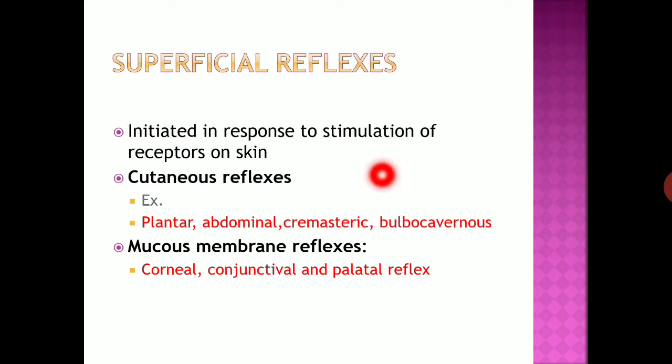Superficial reflex is initiated in response to stimulation of receptor on skin. Example is cutaneous reflex. For example, plantar reflexes, abdominal reflexes, cremasteric reflexes, and bulbocavernous reflexes. So they are cutaneous reflexes. And mucous membrane reflexes are corneal, conjunctival, and palatal.